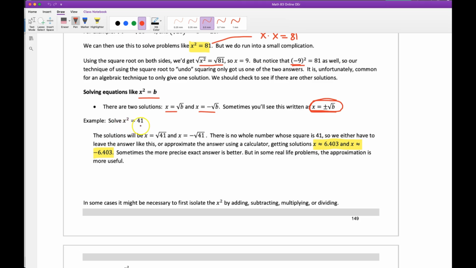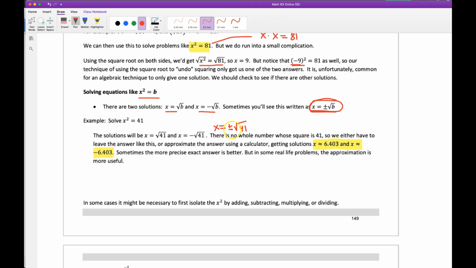We have an example here, x squared equals 41. What multiplied with itself equals 41? Well, mentally I can't do that, but I do know the answer is x is equal to square root of 41, and x is equal to negative square root of 41. This could have also been written that way. And that is a solution.